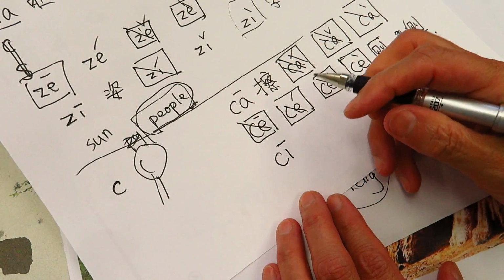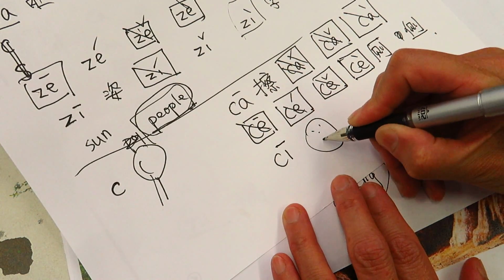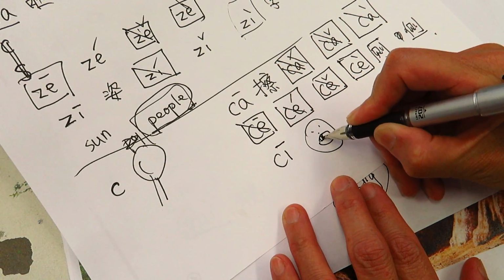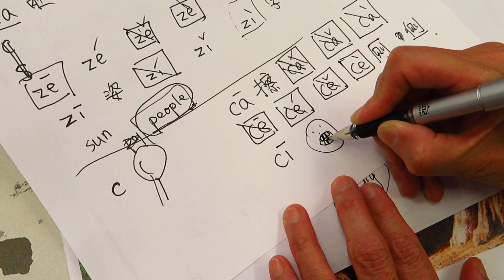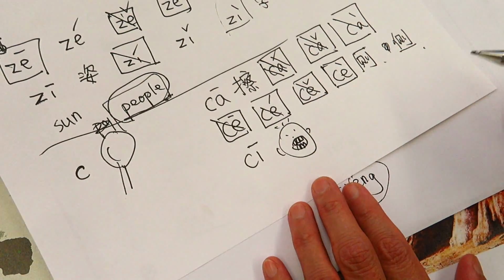Means 呲牙咧嘴. And this little guy, let's say this little guy, and he shows up all his teeth, 呲牙, okay? Every one of his teeth is showing up.